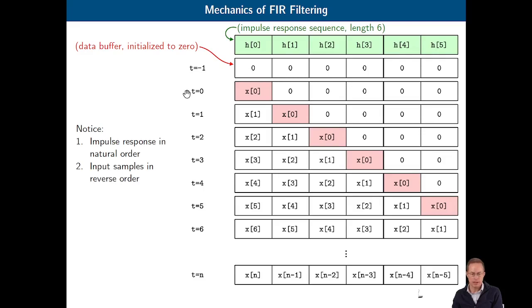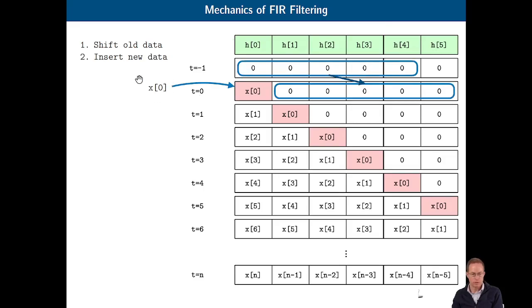So right here at time 0, we have this new sample called x0 that shows up. And what we're going to do with that is put that into our data buffer. So the first row of this table shows what the data buffer looked like, or the data array, at time t minus 1 where we initialized it.